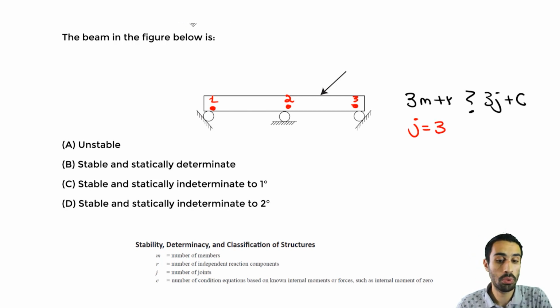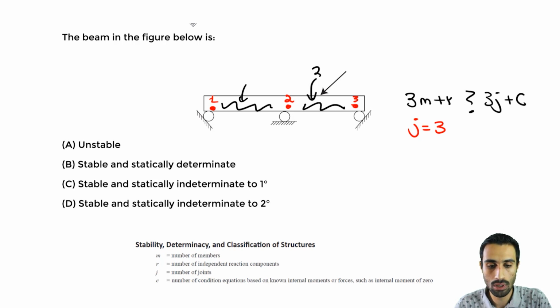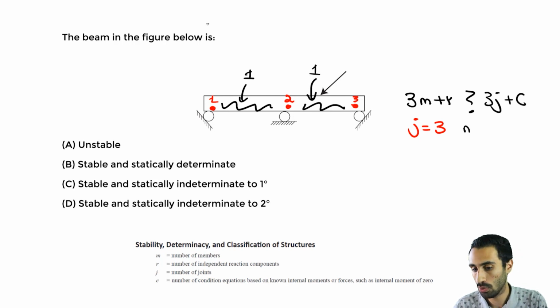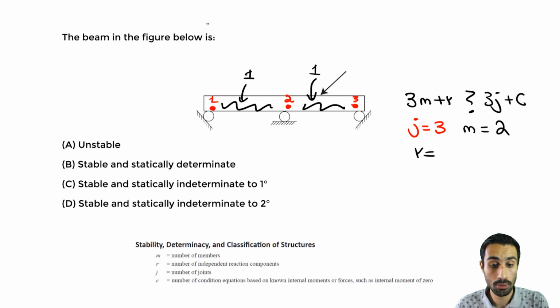How many members do we have? 1, 2. I'll just denote this as 1 like I'm doing. So 1 plus 1 equals 2. So m is going to be 2. And then we know the r value will be 3, right? It would be just the reactions how we would originally draw them. So it has to be perpendicular for the roller.